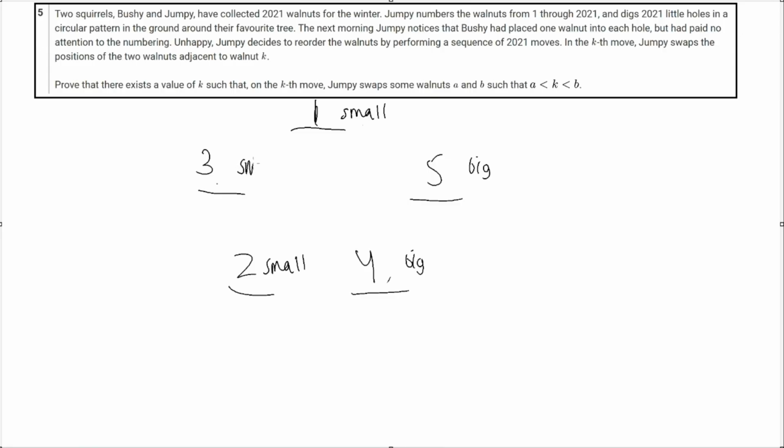And now we're swapping 2 small numbers. So this goes 1 and 2. Then on move 4, we turn walnut 4 into a small one. And then on move 4, we swap 2 and 5. And we're just done, because we swap a small walnut and a big walnut.